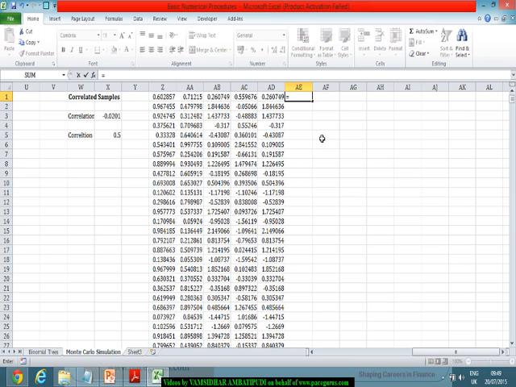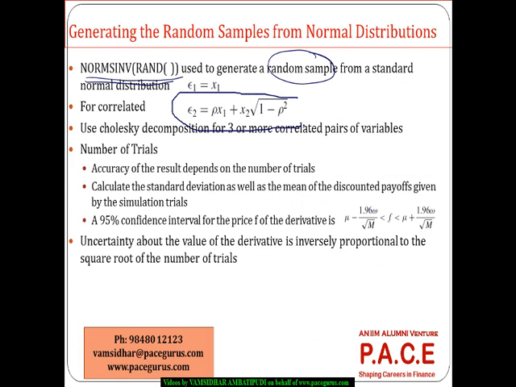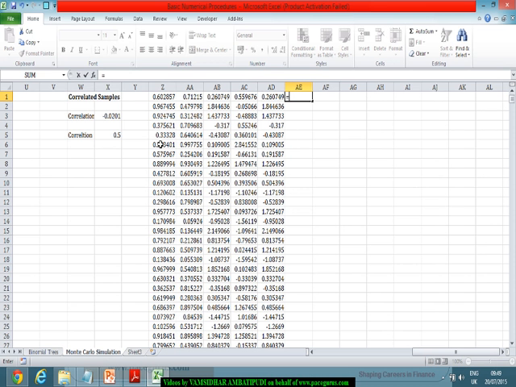Whereas the second one, I go with this kind of mechanism: the correlation times the first one plus the square root of 1 minus correlation squared times the second one.